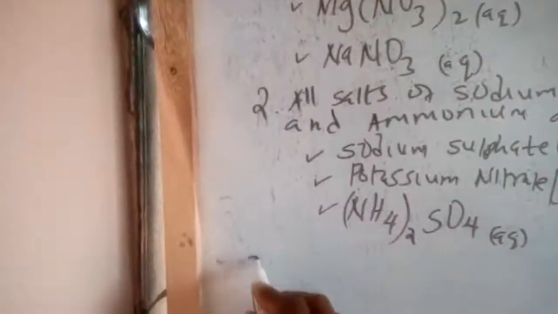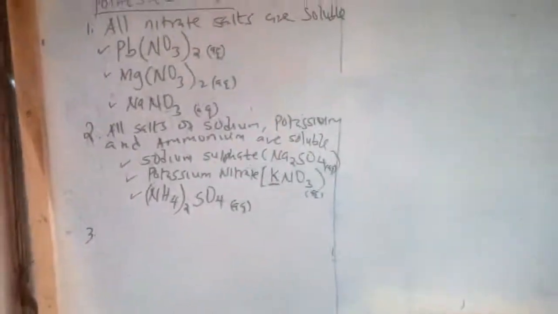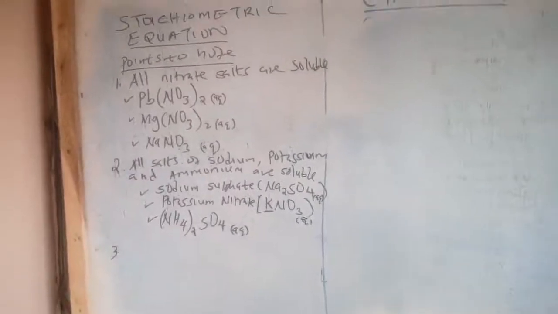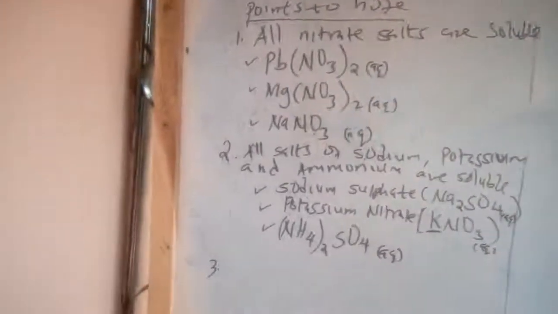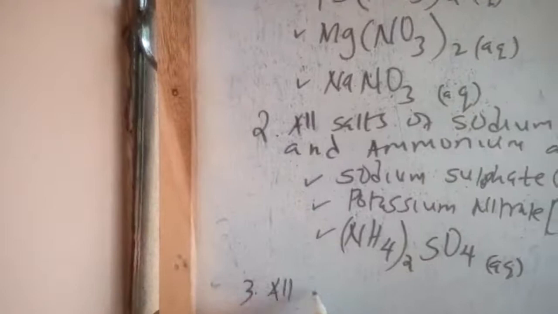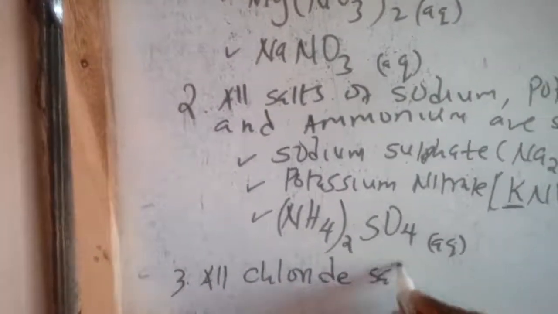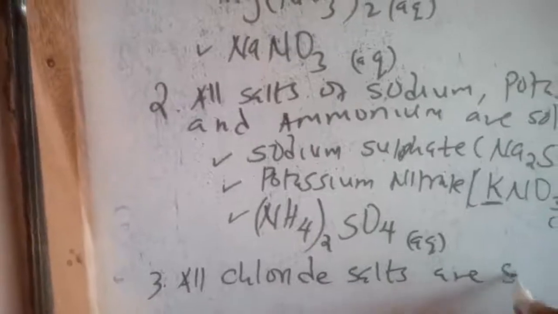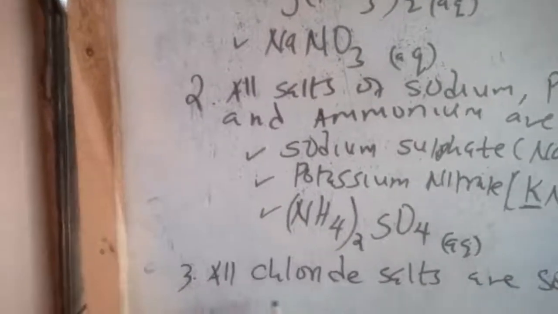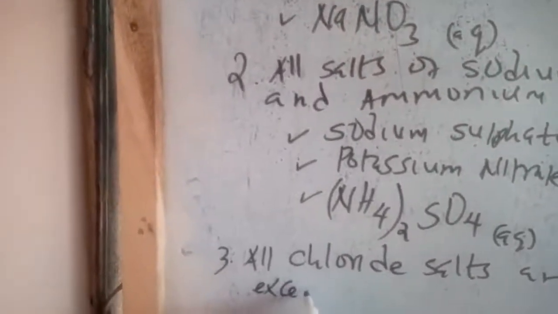Point number three: you are supposed to know that all chloride salts are soluble, except silver chloride.